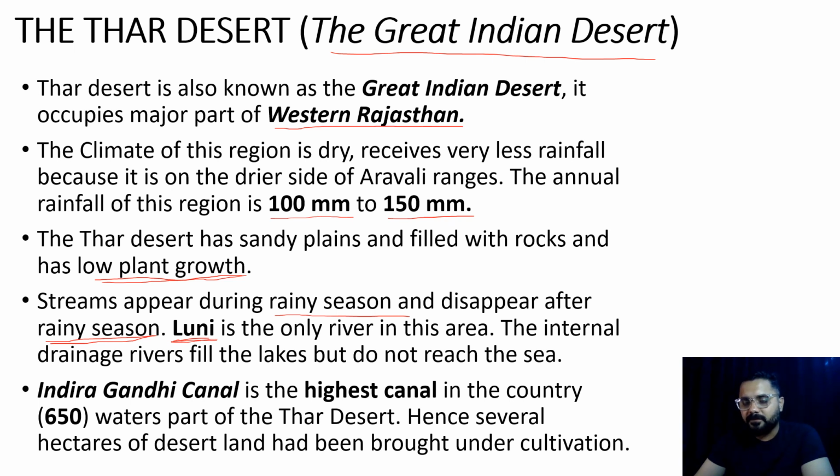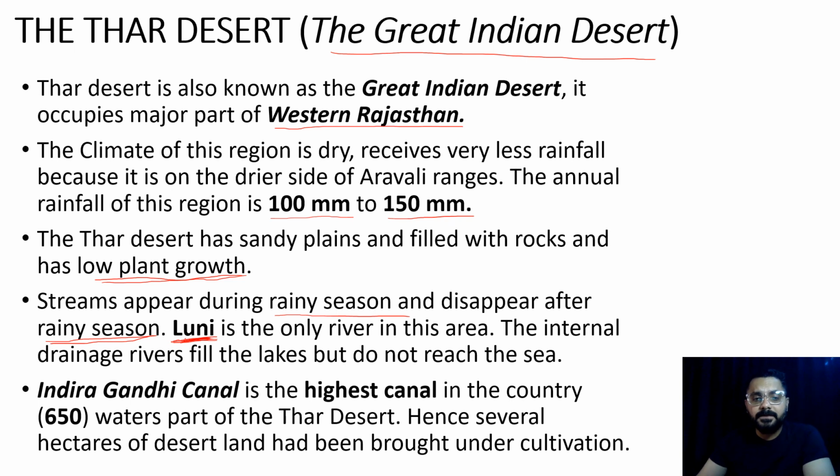Already when we spoke about Himalayan rivers, we studied the Indus River, and the Ganga and Brahmaputra also. They are all perennial rivers which keep on flowing throughout the year. But the rivers in the Thar Desert are only seasonal rivers, not perennial rivers. So in that context, you might have to remember the name of a river called Luni. This is the only river that flows in the Thar Desert region.